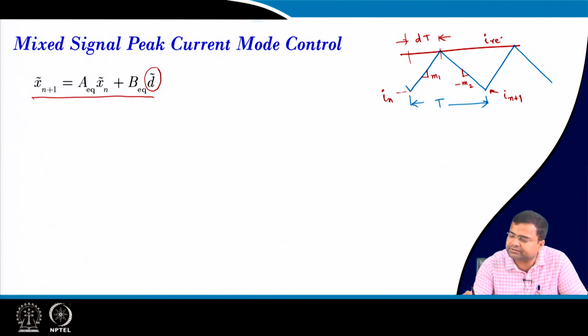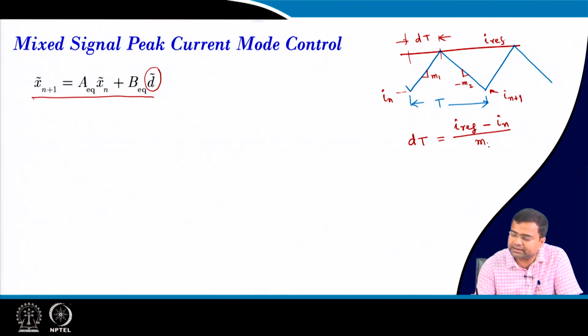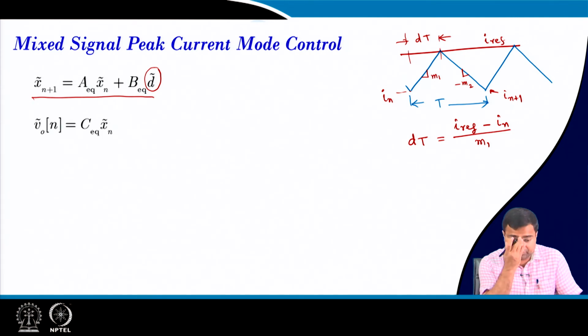So, that means my duty ratio can be derived from here: my reference current minus In divided by M1. Okay.